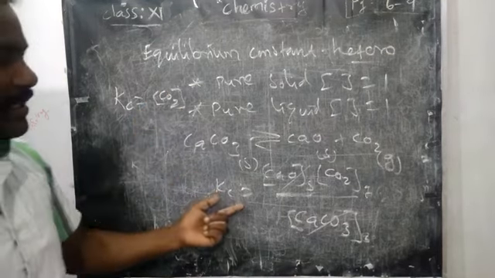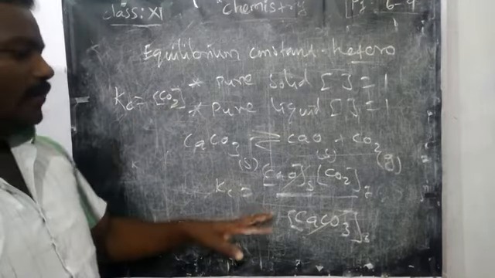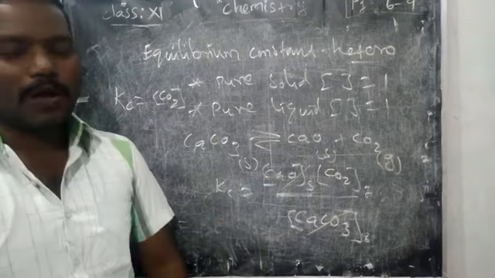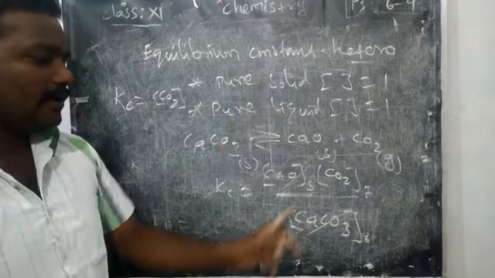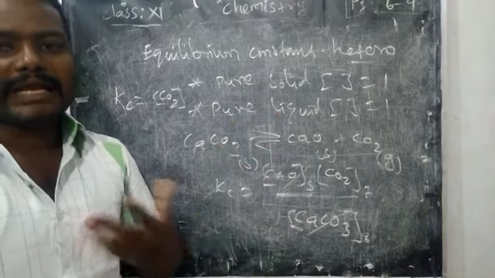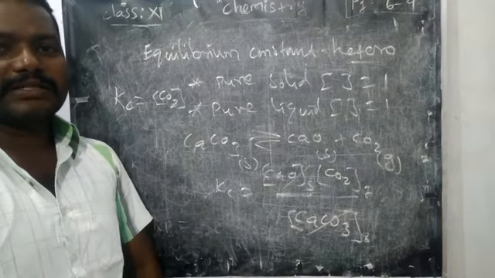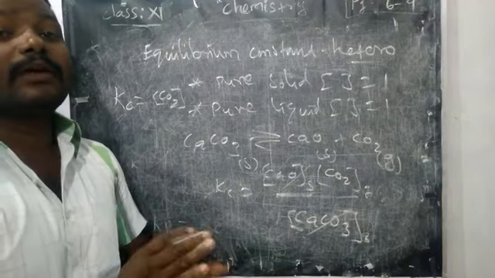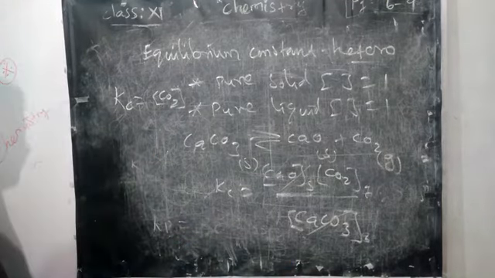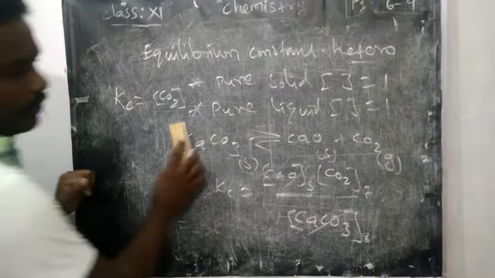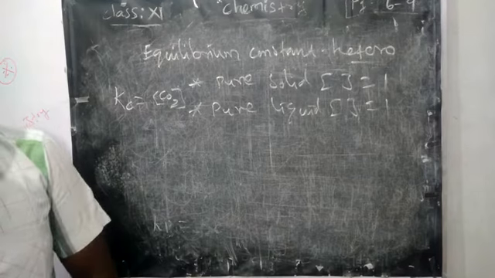So the Kc value only depends upon the concentration of CO2, which is independent of calcium oxide as well as calcium carbonate, because a pure solid will not change with the volume at any temperature. At a particular constant temperature, you cannot have any changes in the volume of a pure solid. That's the reason, right? Similarly, for pure liquid also we don't have any concentration change.